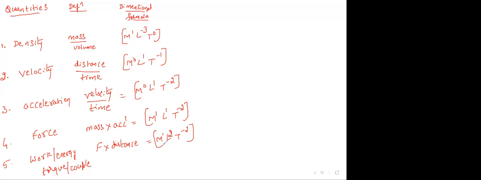Work is equal to force into distance. Energy is force into distance. Torque is force into distance. Couple is force into distance. So name the quantities having same dimensional formula means work, energy, torque, and the couple.